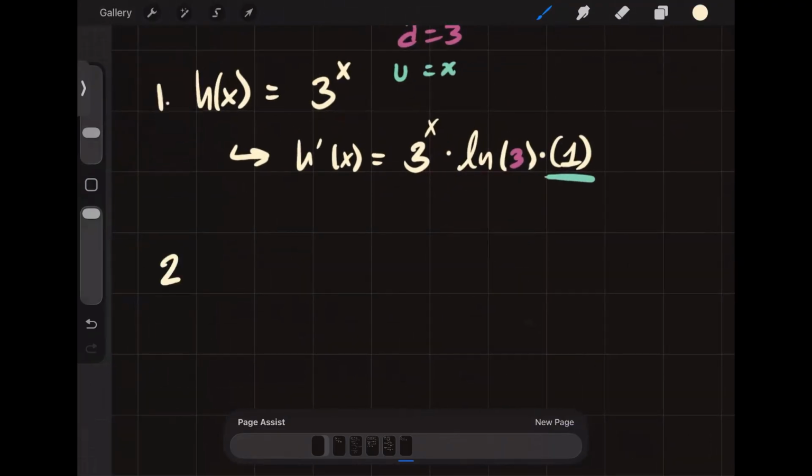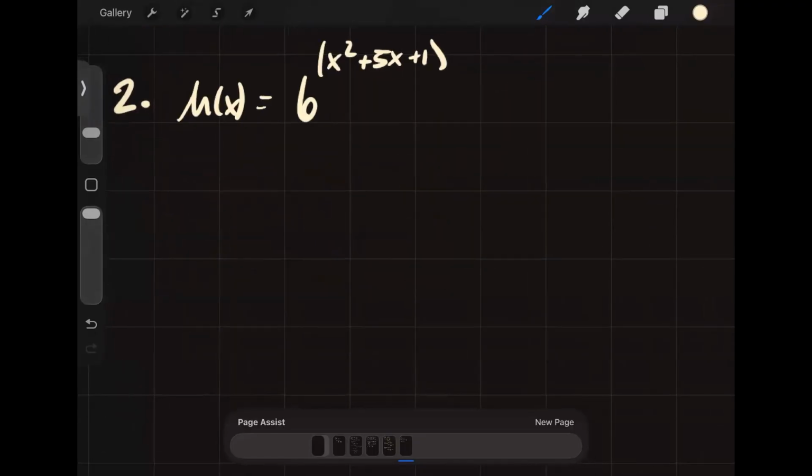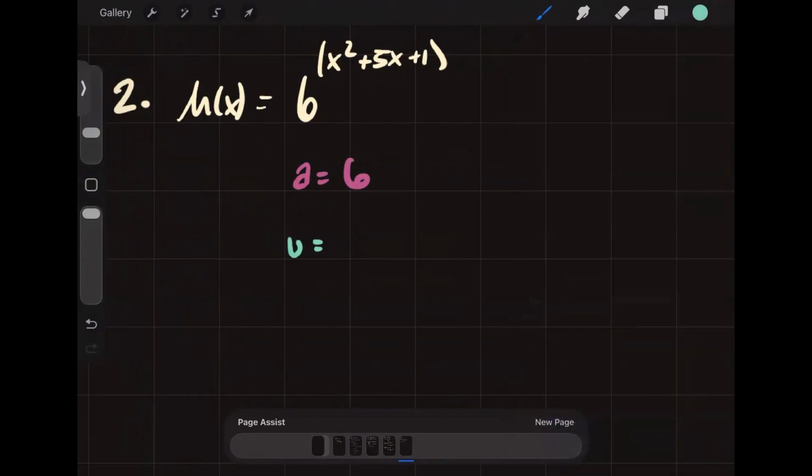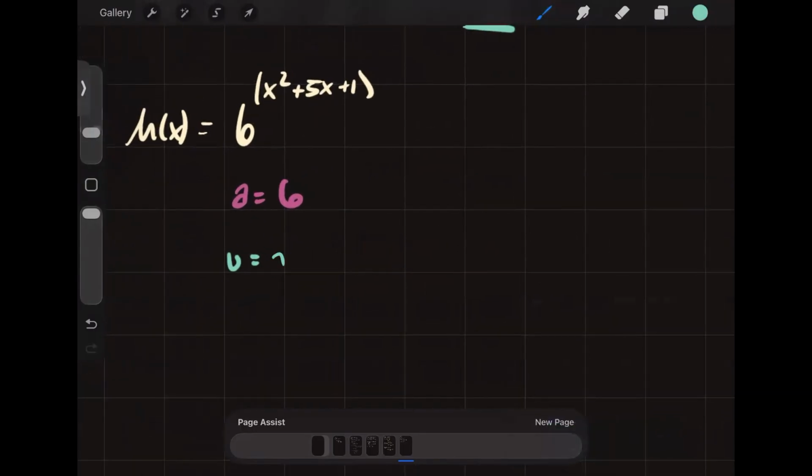Another example would be, let's say h of x is equal to 6 to the power of x squared plus 5x plus 1, right? Again, a is going to equal 6. U, or you can also call it g of x, it's fine too, is going to be x squared plus 5x plus 1. ln of a is going to be ln 6.